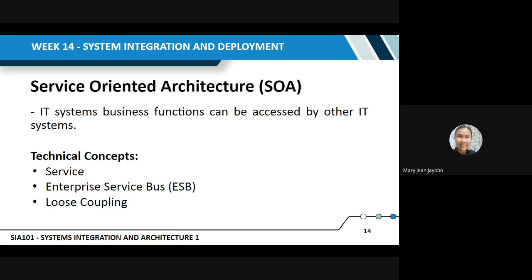Now, enterprise service bus, it is the broker that enables high interoperability between distributed systems for services. And it makes it easier to distribute business processes over multiple systems using different platforms and technology. Okay? And we have the loose coupling. It is the concept of lessening systems dependency.